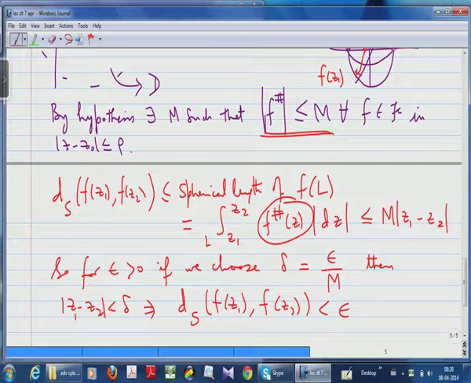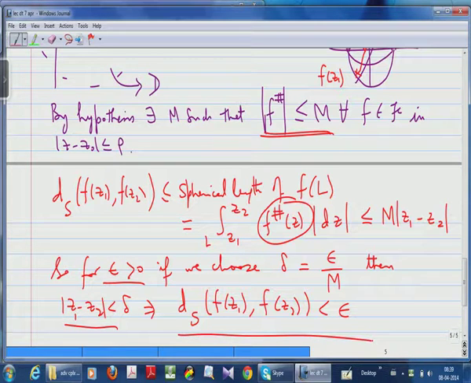Given epsilon greater than 0, I can find a delta such that whenever the distance between z1 and z2 is less than delta, the spherical distance between f of z1 and f of z2 is less than epsilon. And this works for all f in the family script F, so long as z1 and z2 lie in that closed disk.